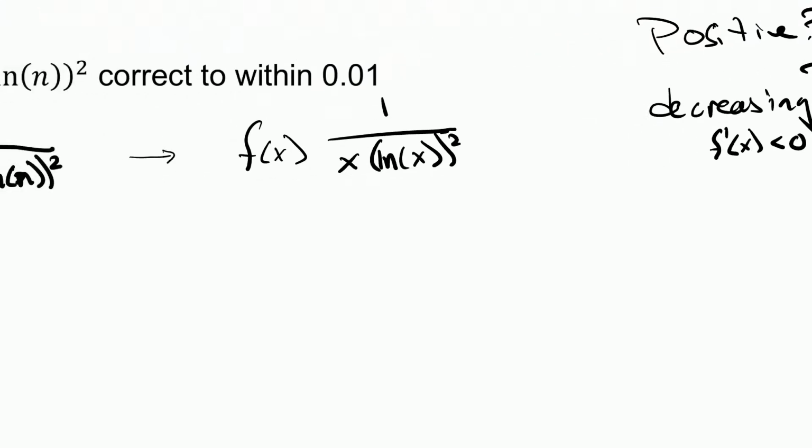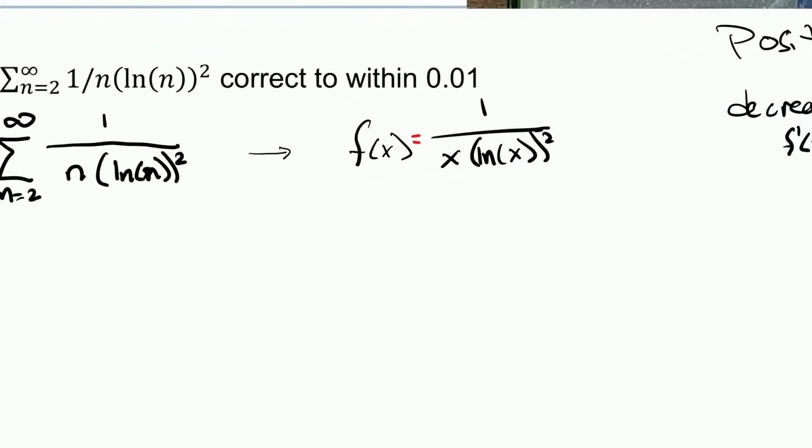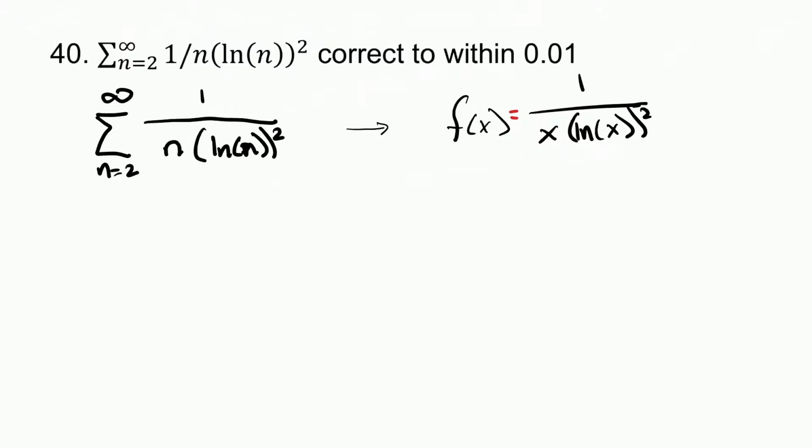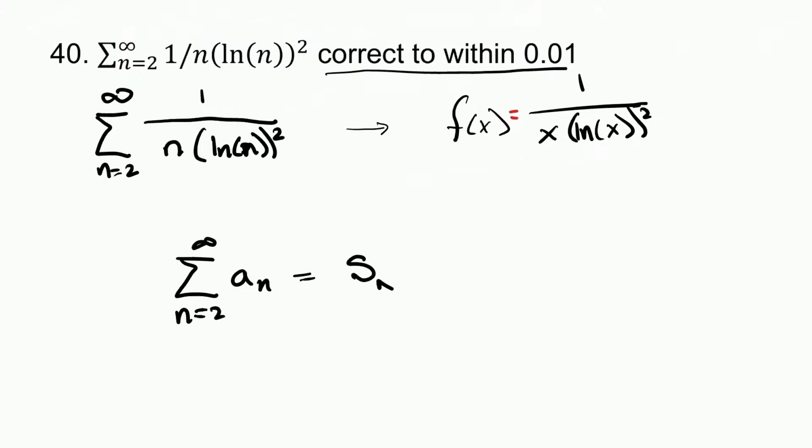Since that's the case, we know we can apply the integral test, and so that's what we're going to do. Now, the statement about being correct within that much is referring to the remainder. Let me remind you, in case you didn't catch it: if we do a sum, n equals 2 to infinity, of, let's call it a sub n, that's going to equal a partial sum, I'll use capital N, plus a remainder.